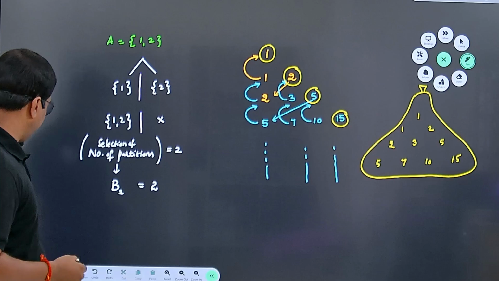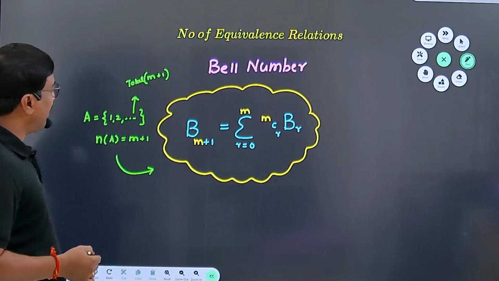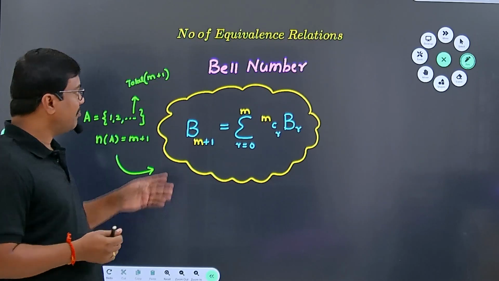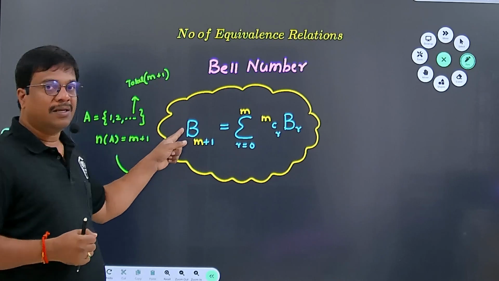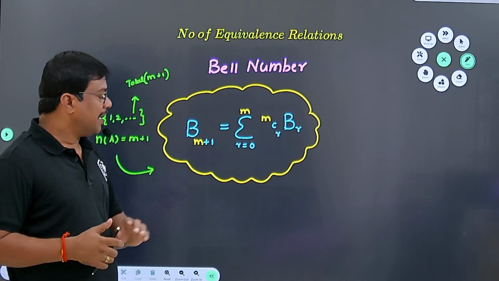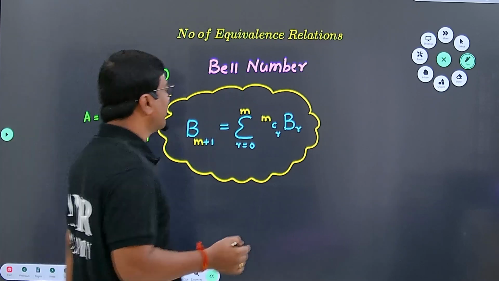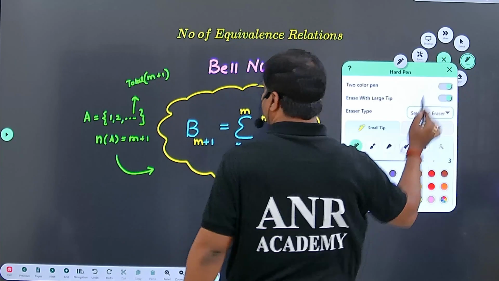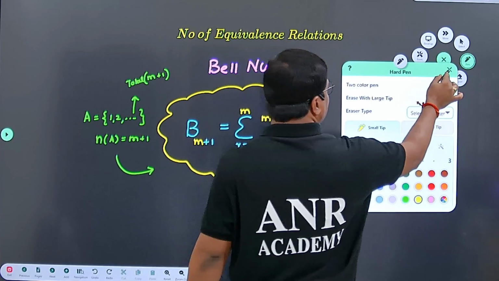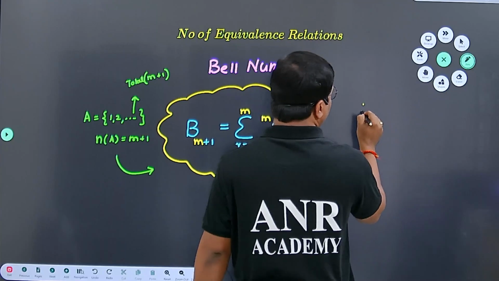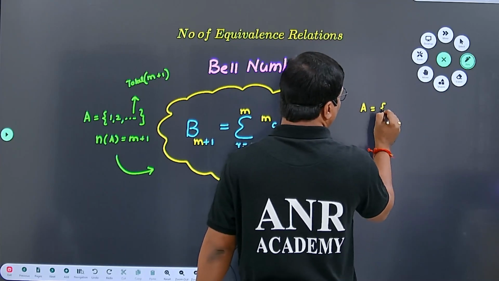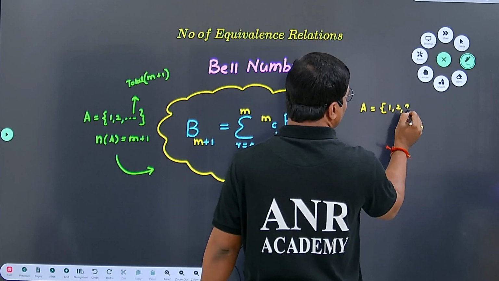Next, see the mathematical notation for Bell number. B of m plus 1 is written as summation r from 0 to m, mCr Br. Suppose that A is a set that contains 3 entries, A having elements 1, 2, 3.